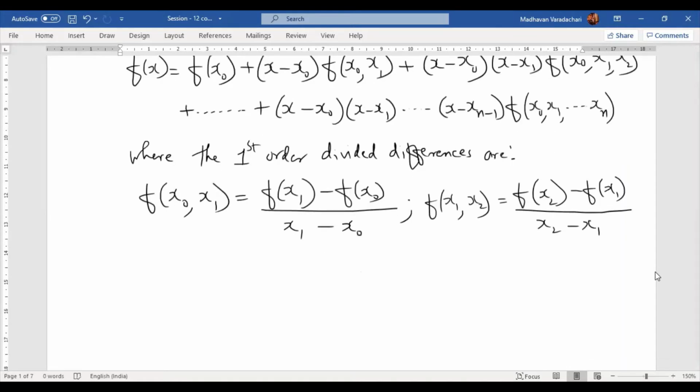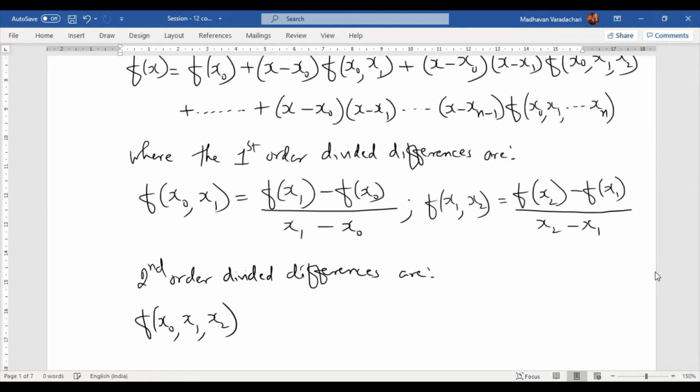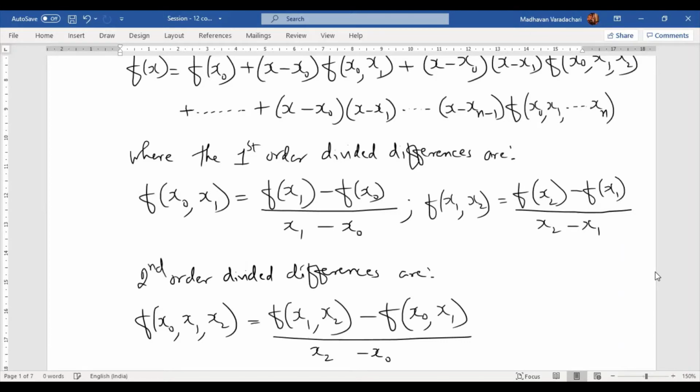Then second order divided difference, this f of x naught, x1, x2 is f of x1 comma x2 minus f of x naught, x1 divided by x2 minus x naught.